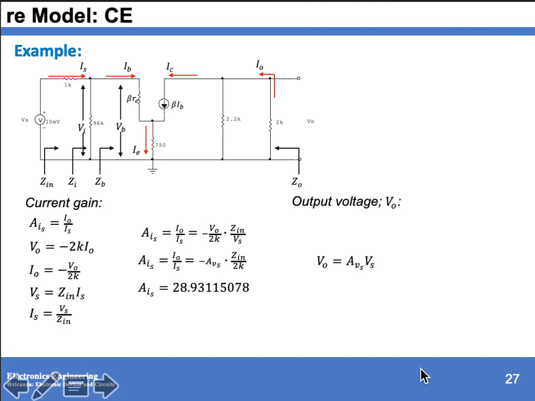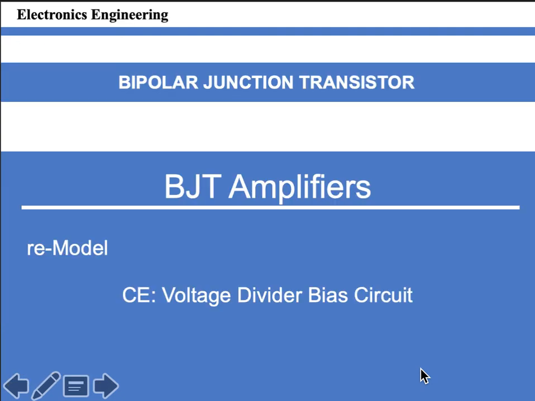Then output voltage, we have BO over BS. So if you have to solve for BO, BO is equals to ABS times BS. So BO is equals to negative 13.31958923 millivolts. So that's all for the voltage divider bias RE model.